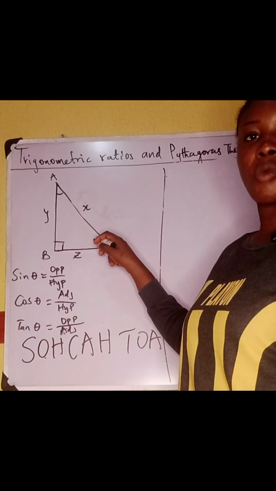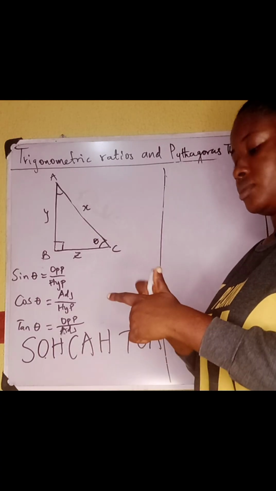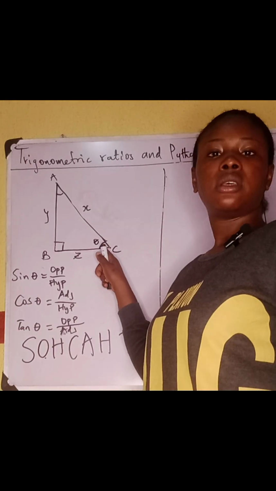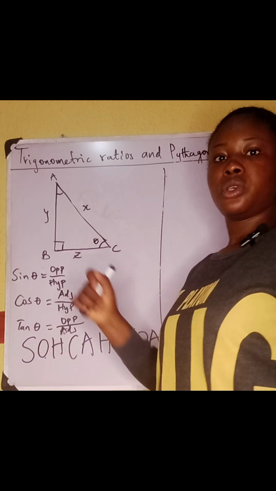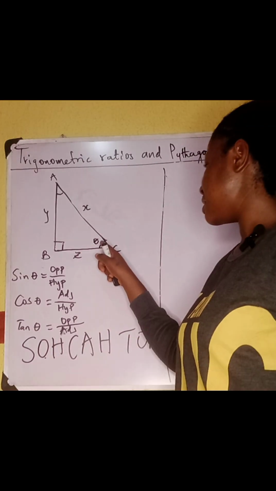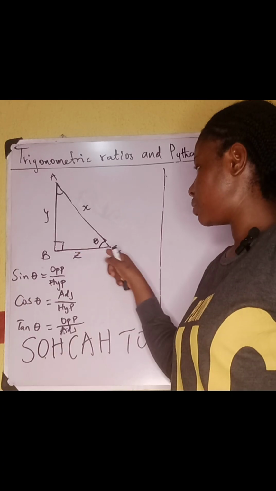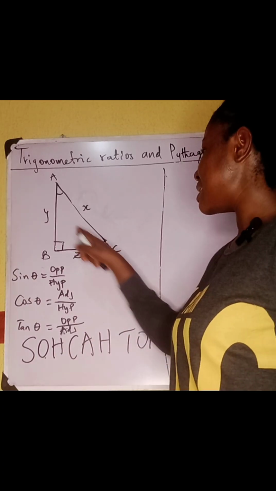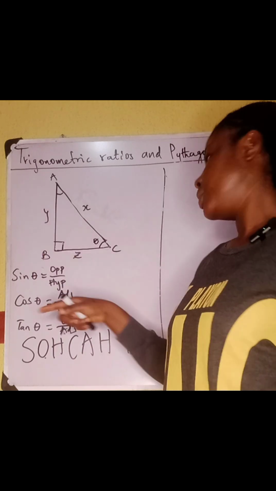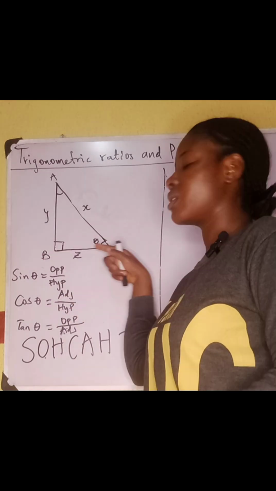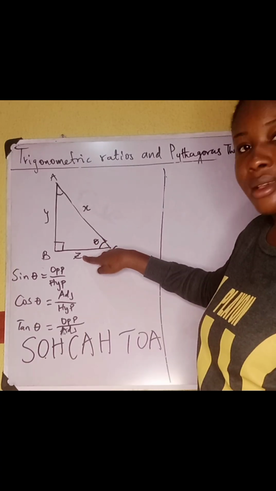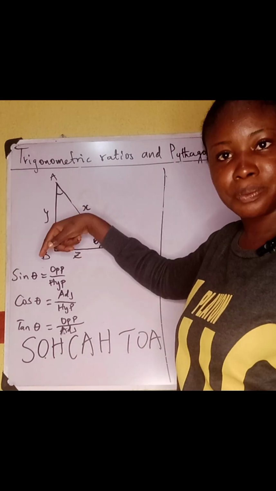My opposite is now that side facing my angle, while my adjacent is that side the angle is resting on. Did that make any sense? The opposite is the side the angle is facing, while the adjacent is the side the angle is resting on. But if my angle is here, opposite becomes here, while adjacent becomes here.